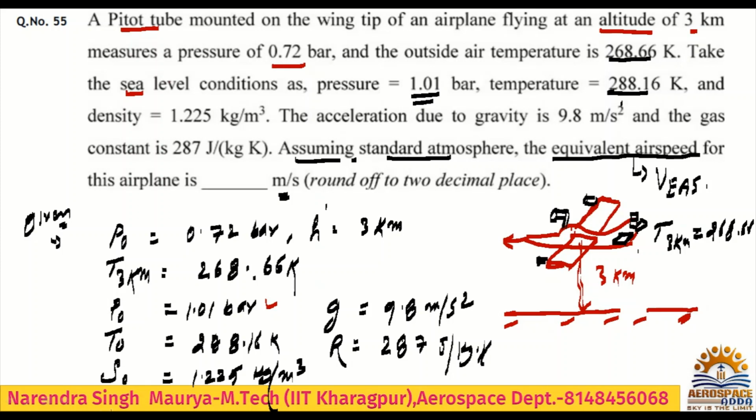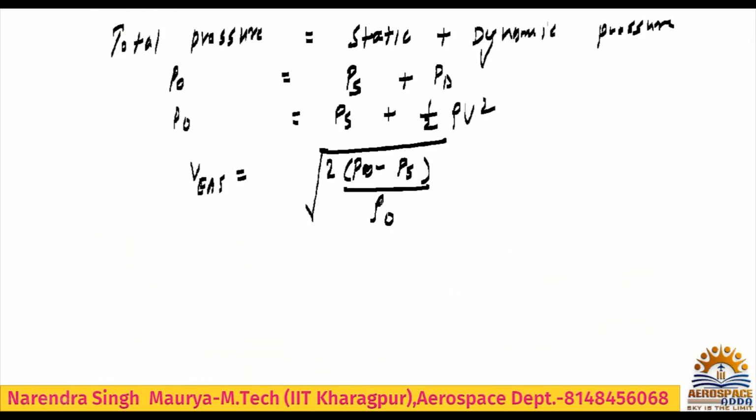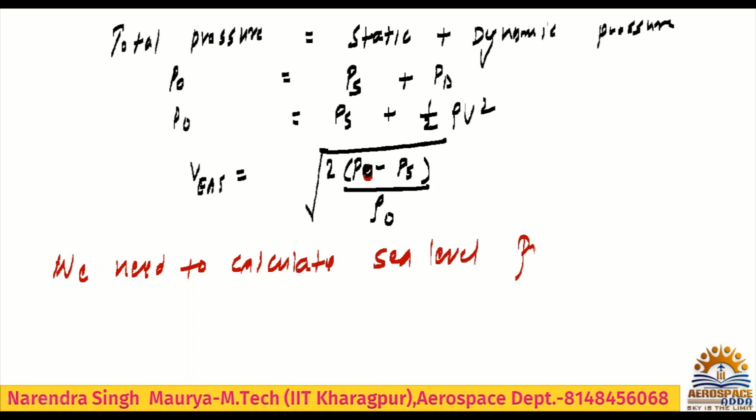Because in this formula, whatever you have derived for the equivalent airspeed, the formula has P naught and PS. Okay, P naught is given total pressure and PS you need to calculate. So what we have to do? We need to calculate the sea level pressure.